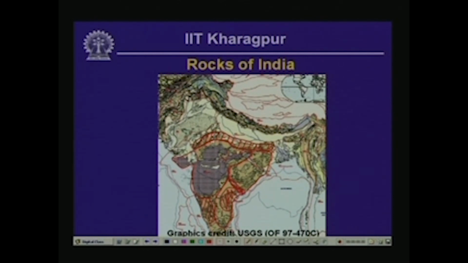Then in the Aravallis, in this part, what is found is metamorphic rocks, really composed of gneisses. Actually granite is also found there: granite, gneiss, phyllite and quartzites.